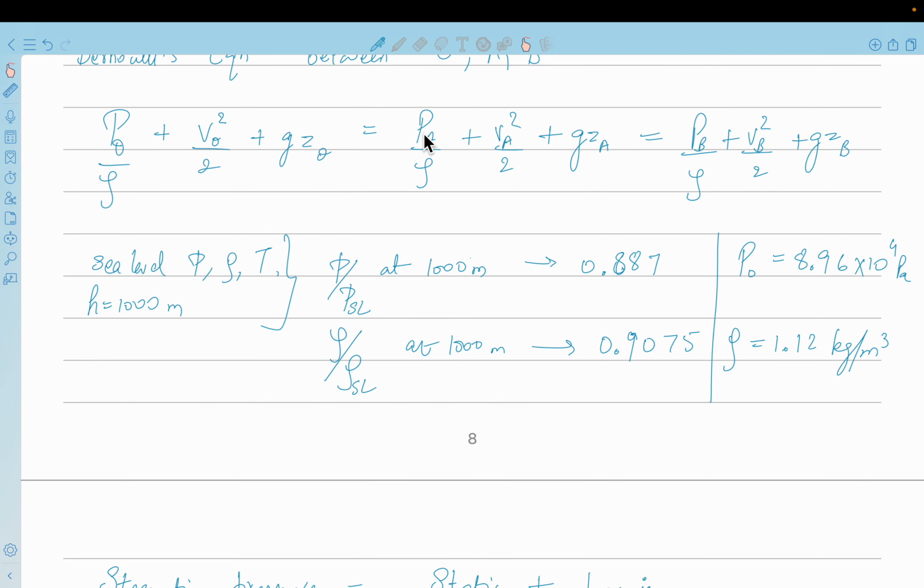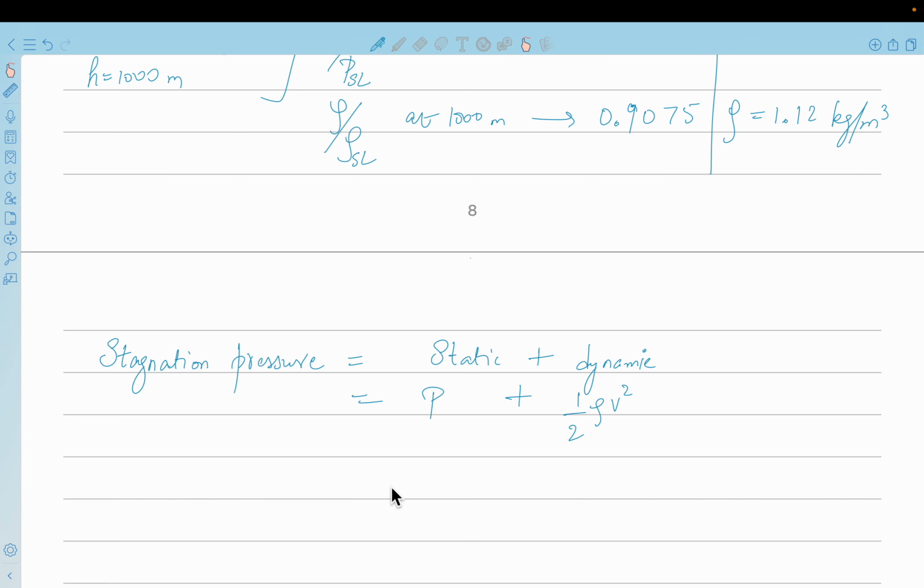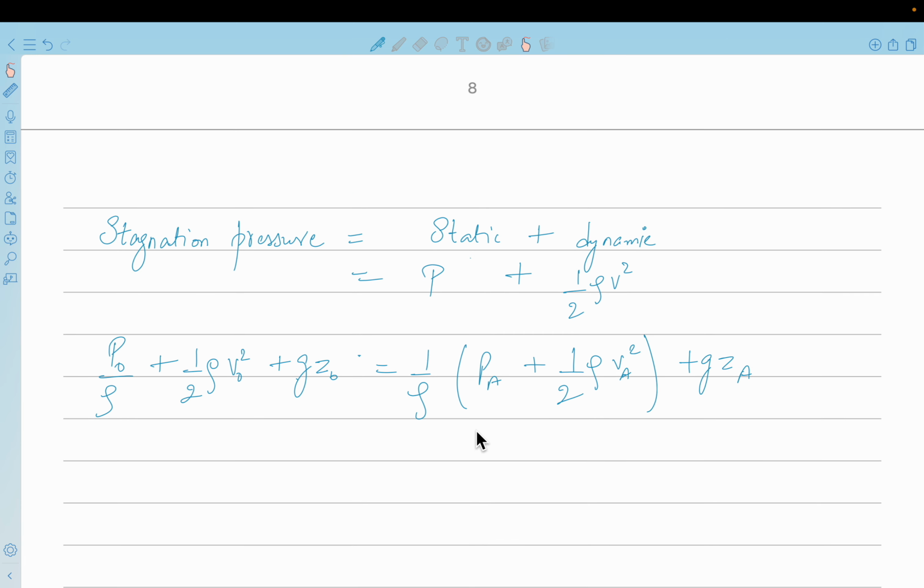So if you look at this term, we have PA by rho plus VA square by 2. So if I take 1 by rho common, what we have is P0 by rho plus half rho V0 square plus gz0 is equal to 1 by rho common PA plus half rho VA square plus gzA. And this is exactly what we need to find.